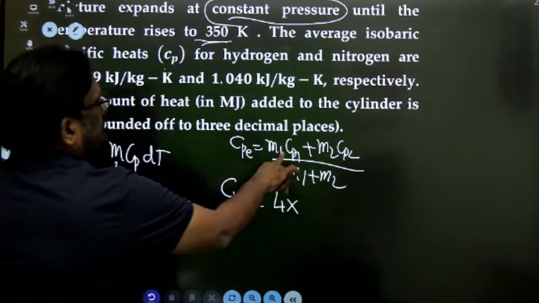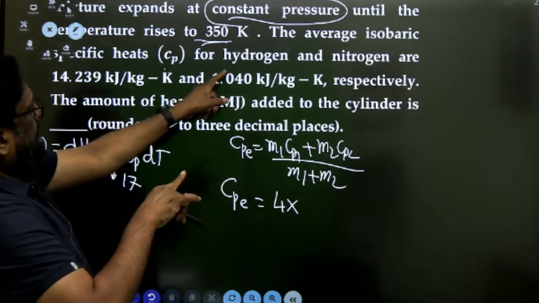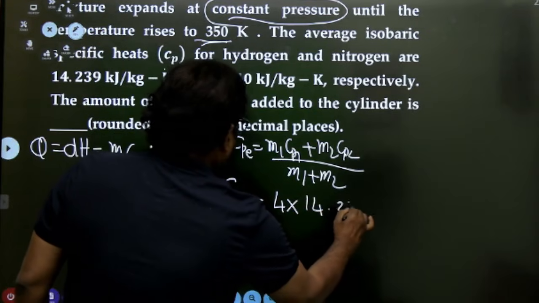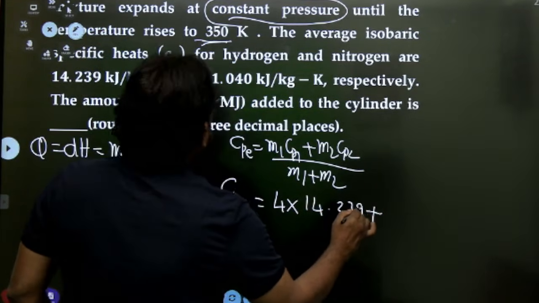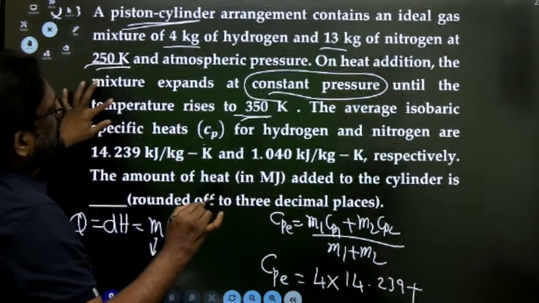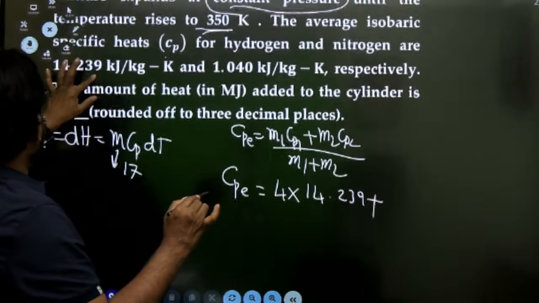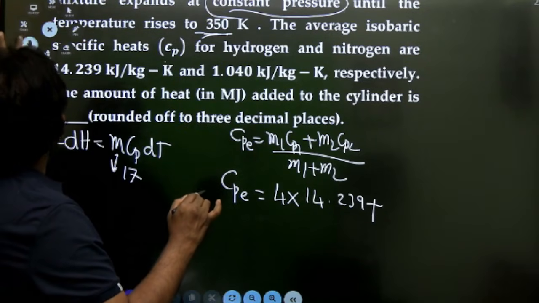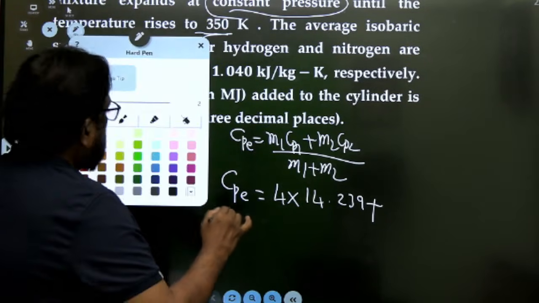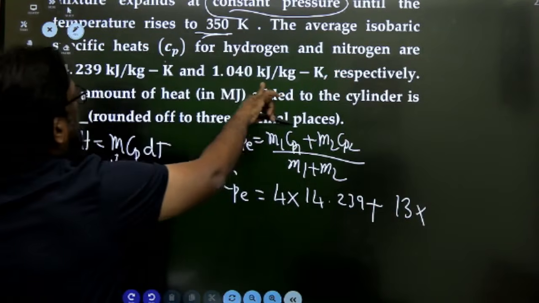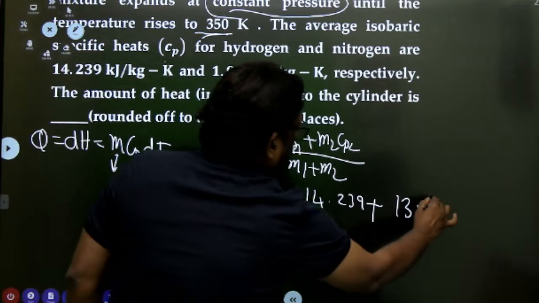What is Cp of hydrogen? 14.239. And the specific heat of nitrogen is 1.04.